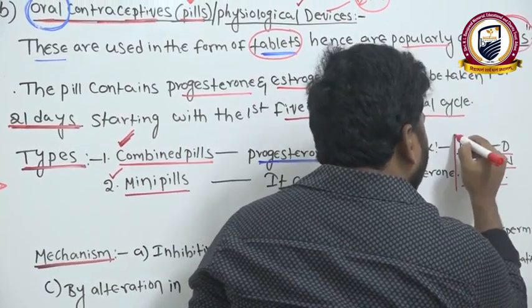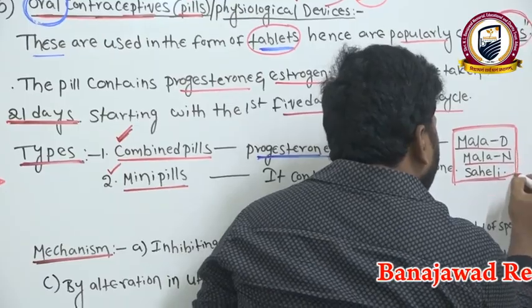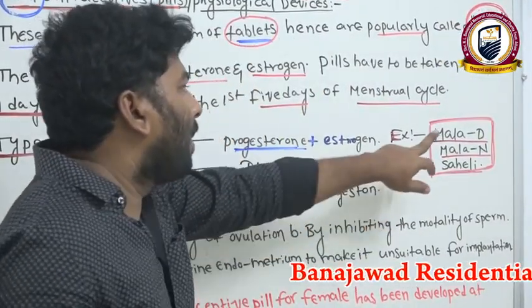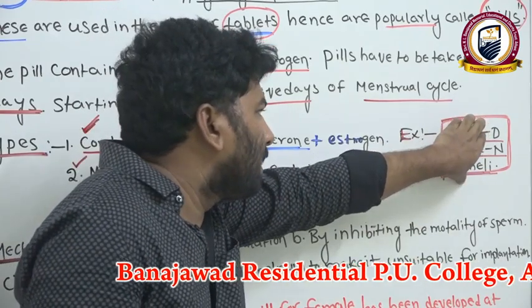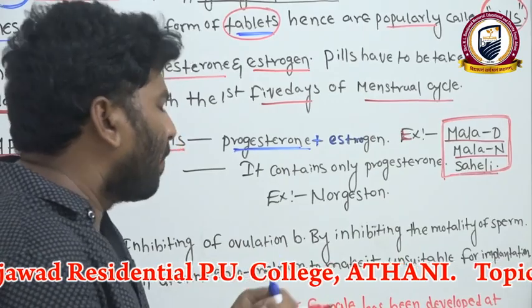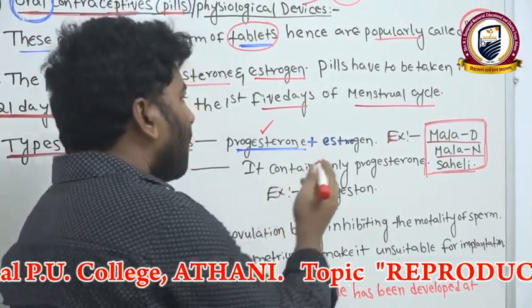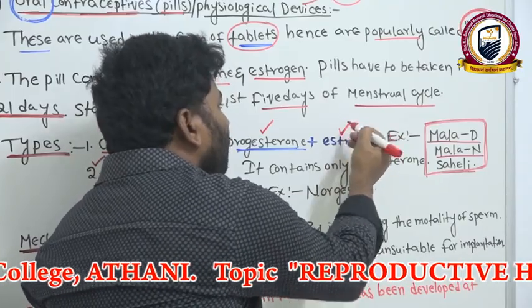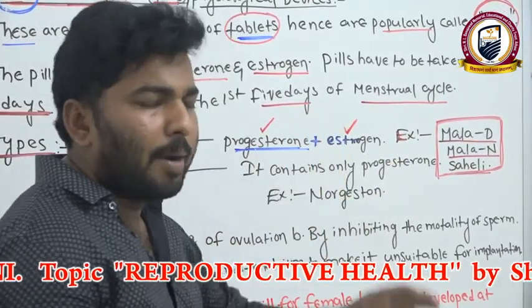These three belong to the category of combined pills. What is the meaning of combined pills? Progesterone hormone plus estrogen hormone, both are present in one tablet. We call it combined pills.